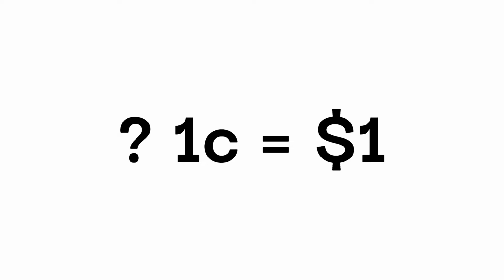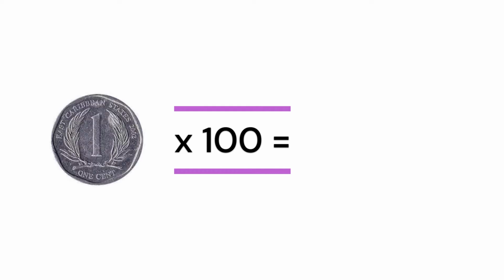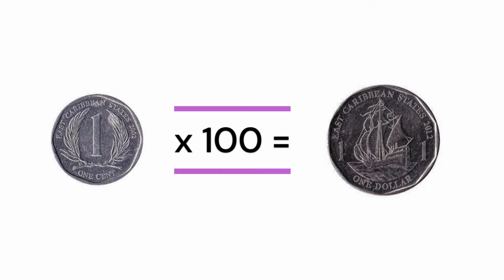Do you know the answer to this, girls and boys? Now it takes 100 ones to make $1. Yes, there are 100 pieces of copper, silver, brass, whatever is the makeup of your currency to make $1.